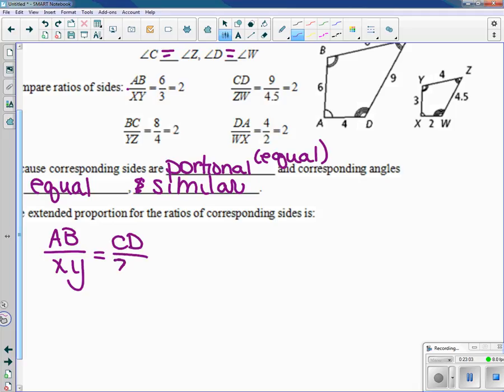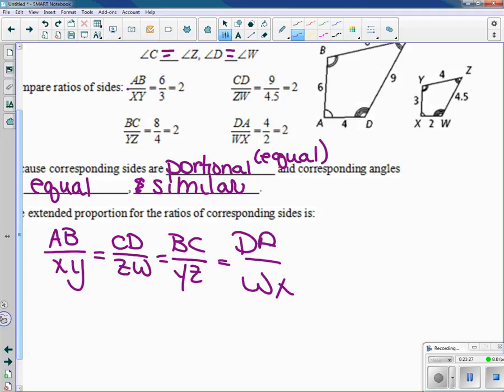CB over ZW is also equal to what? BC over YZ, which is also equal to what? DA over WX. I am extending it by putting all of the ratios equal to each other.